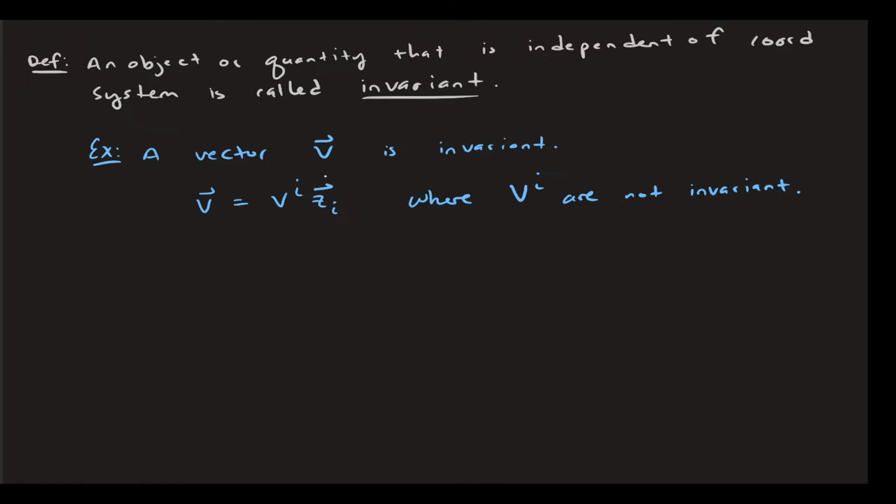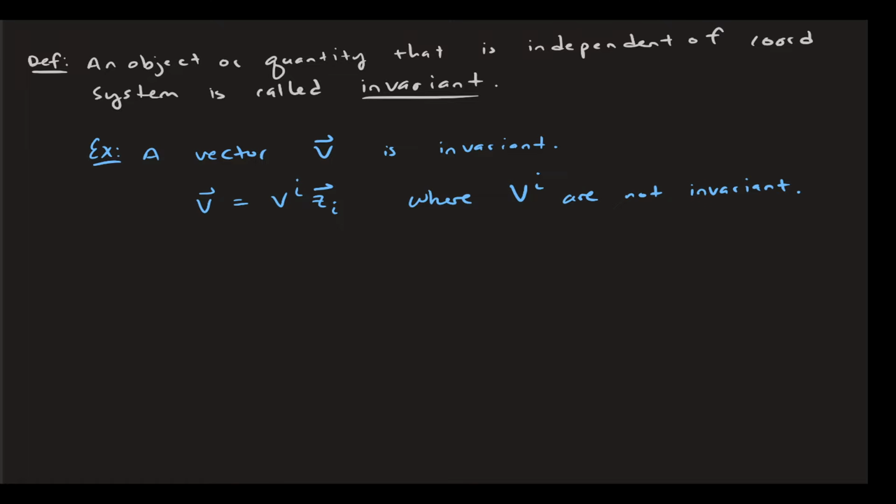So the vector itself is invariant, but its components would depend on the coordinate system you're talking about. Also, it would depend on the basis you're referring to. Are you using the covariant basis or the contravariant basis of the coordinate system? Another example would be the gradient itself. That's a vector field. So the rate of change, or the gradient, would be another example.